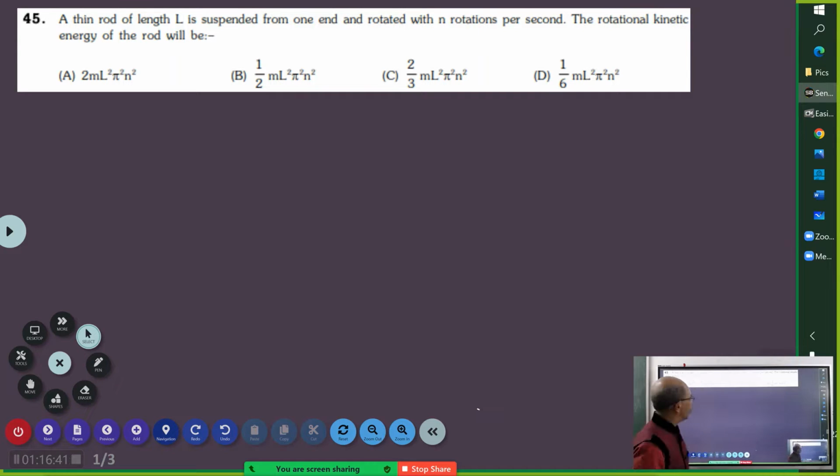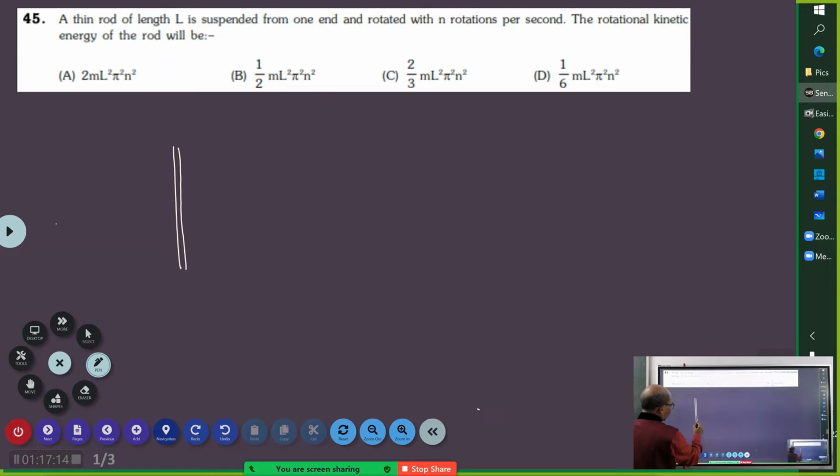Okay, let's do it quickly. A thin rod is suspended and rotated through n rotations. The rotational kinetic energy... So there is a thin rod. They are telling it is rotated to make n rotations. So how will you consider the rotation?